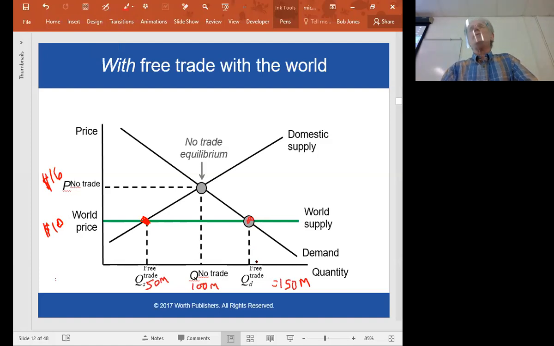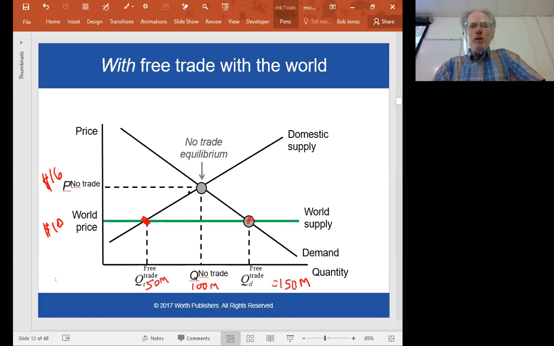How do we know if we're going to be importing or exporting? Well, that depends on how much American producers want to produce. And at that $10 price, how do we find the amount that American producers want to produce? Well, we look at the supply curve.